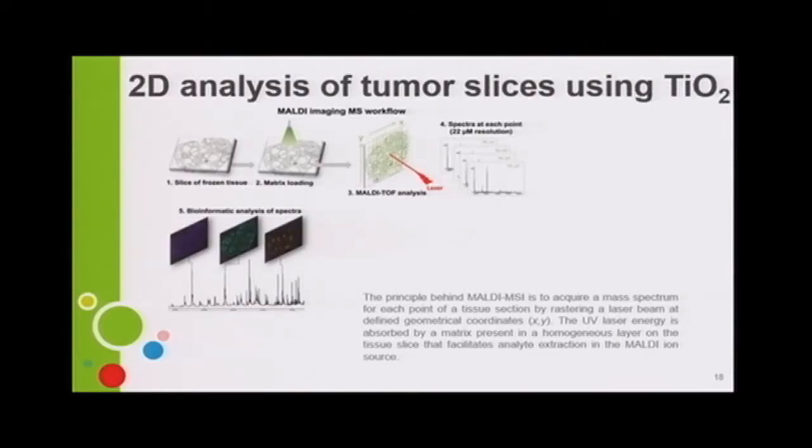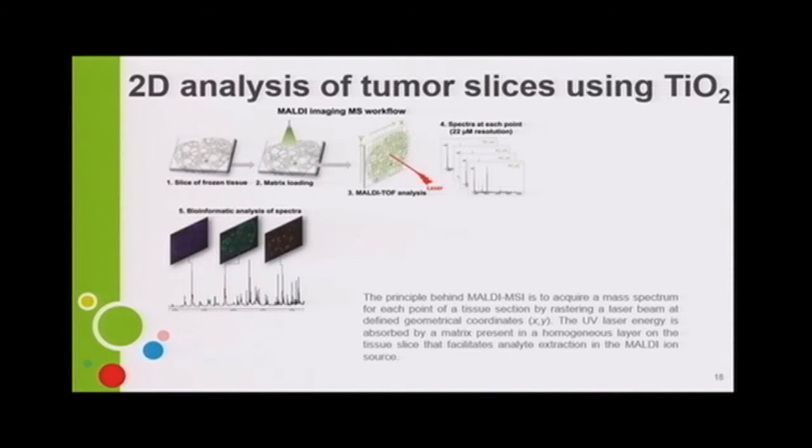So we put the slice of the tumor tissue on the MALDI plate. We spread the matrix, we load with the matrix. Then we acquire the mass spectrum for each point of the tissue section by rastering the laser beam in defined geometrical coordinates. Okay, so we had a lot of spectra to analyze.